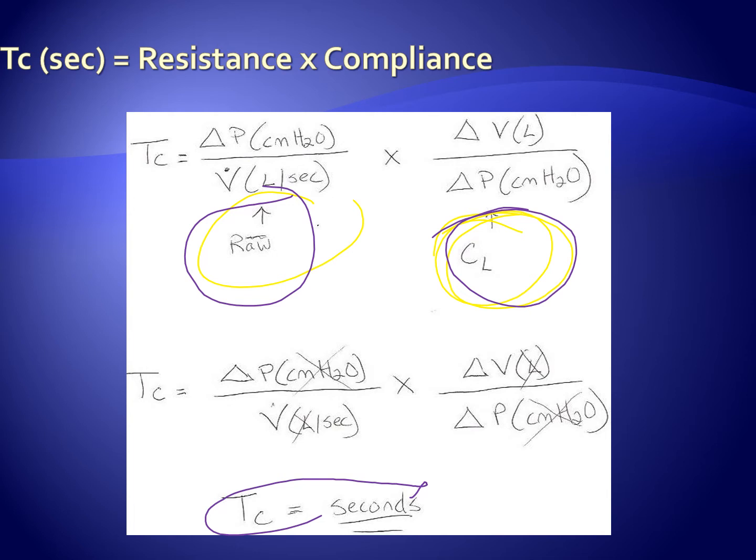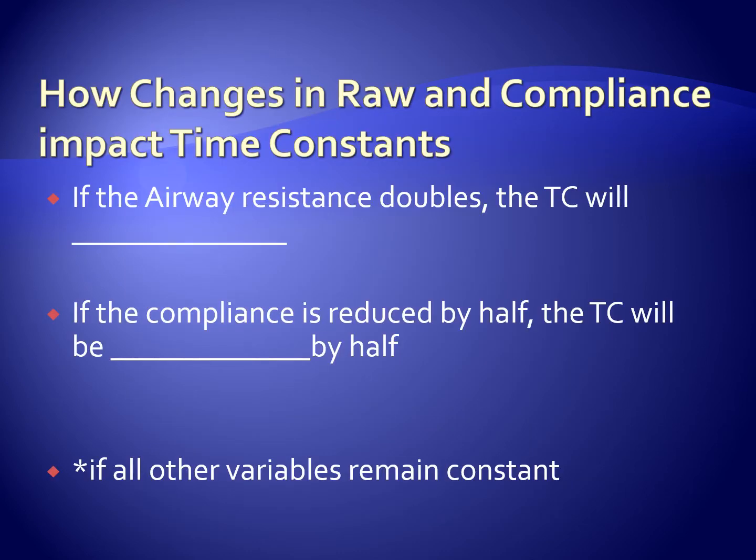So there is application for this. So how will changes in airway resistance and compliance impact time constants? Well, if the airway resistance doubles, the time constant will also double.